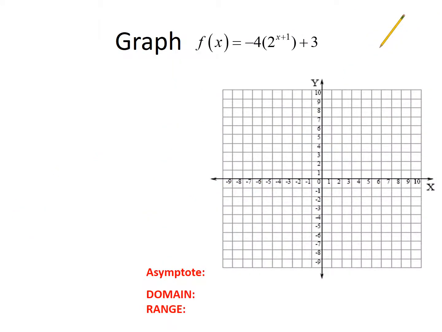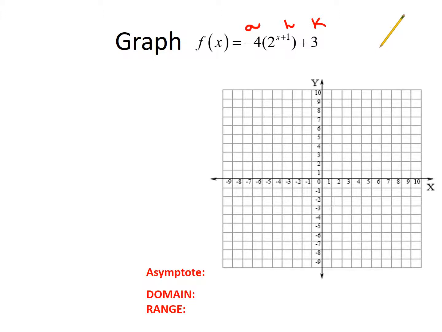For the next graph, for example number 3, our function has a lot of stuff going on. We have an a value that's getting multiplied by a -4. We have an h value that's moving left 1, and we have a k value that's going up 3.